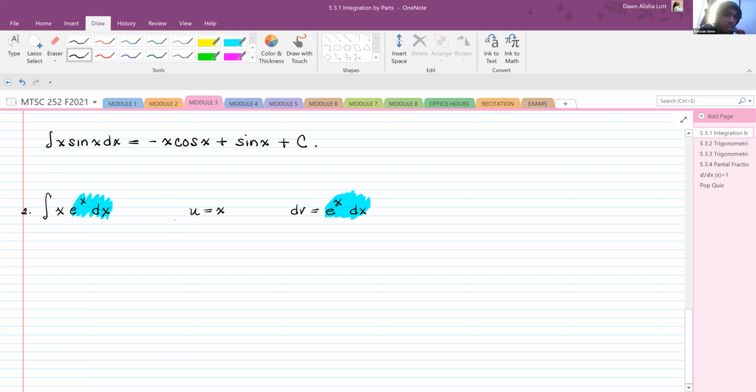du is 1 dx, so du is dx. And what's the integral of e to the x? You're asking for the antiderivative, correct? That's right. Wouldn't this just be the natural log of the absolute value of x? The integral of e to the x is itself.